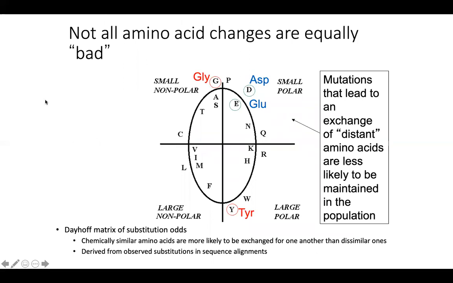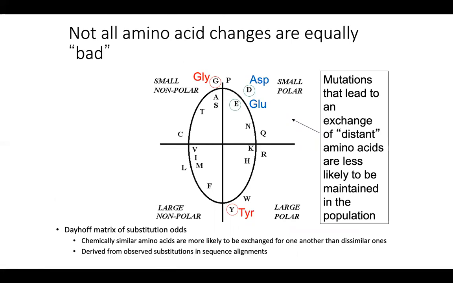And then this is the idea of conservative versus non-conservative amino acid substitutions. What you're seeing here is basically a graphical representation of a matrix of probabilities that was put together by Margaret Dayhoff, one of the pioneers of bioinformatics.